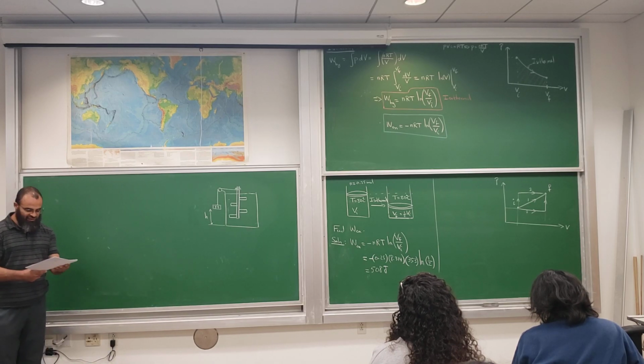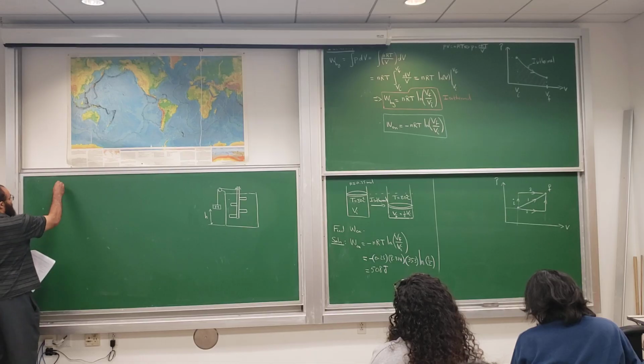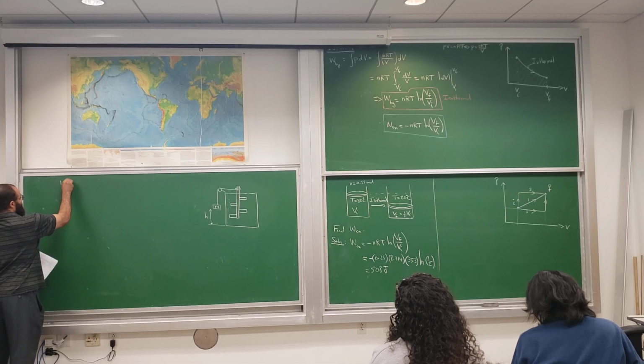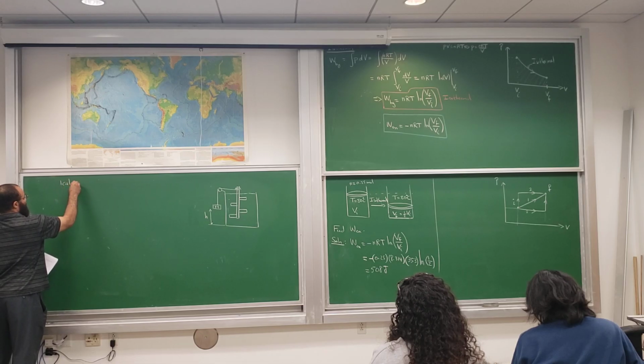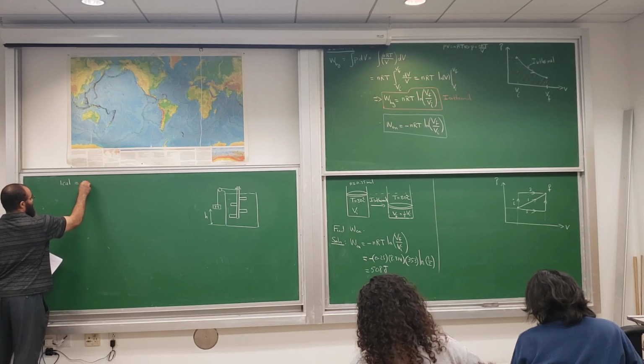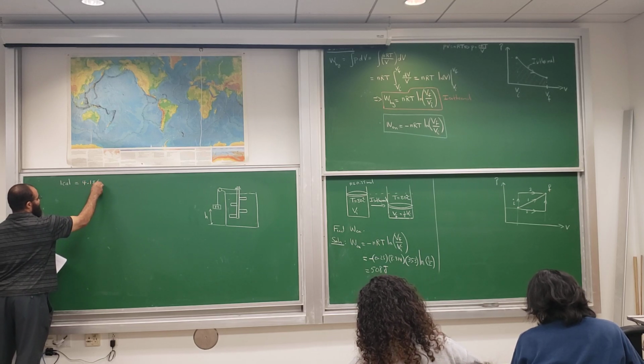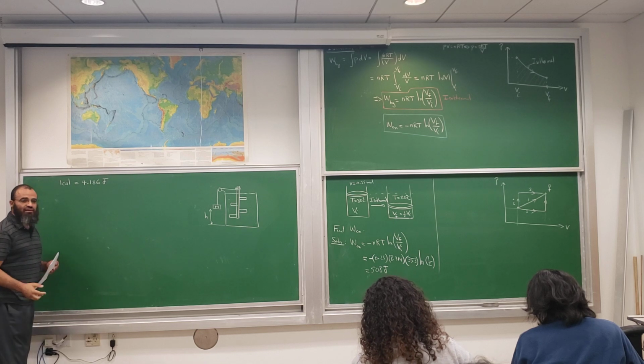So it says here, 1 calorie equals approximately 4.186 joules.